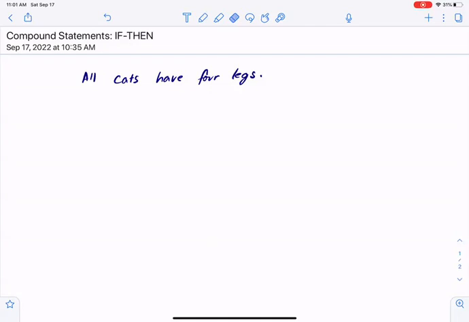So cats that are perfectly well and healthy. So all cats have 4 legs. I should stress the fact. Maybe I should.